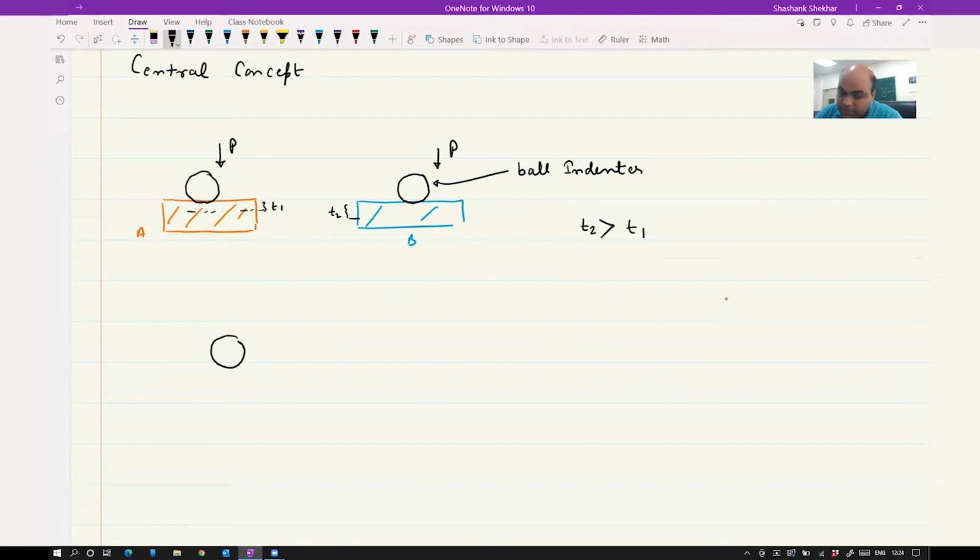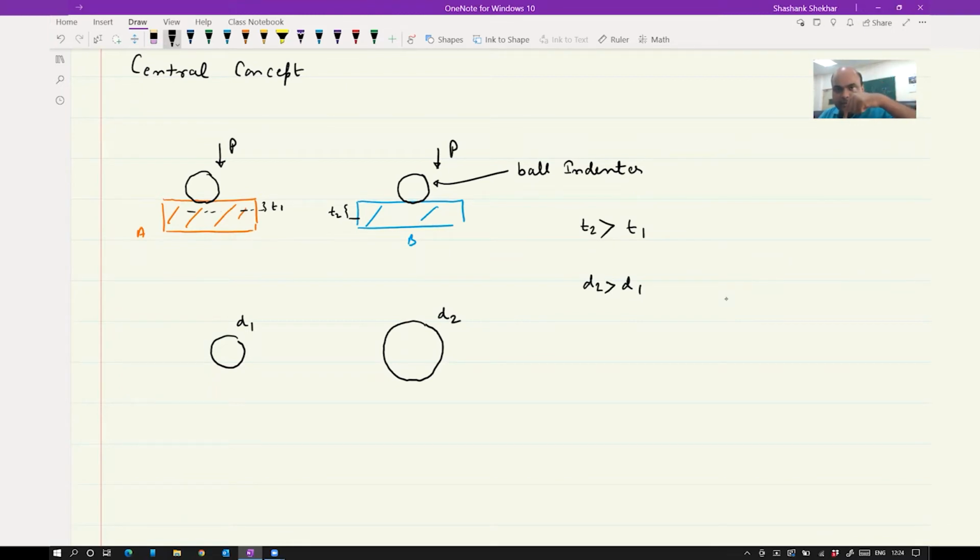And if I see the top view of alloy B after indentation, I am also going to see a circle, but of larger diameter. If this diameter is D1 and this is D2, we can write D2 greater than D1.